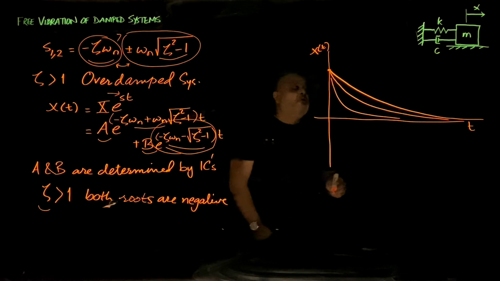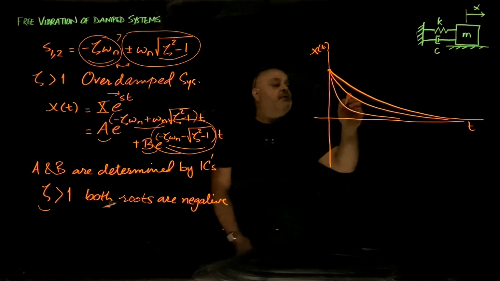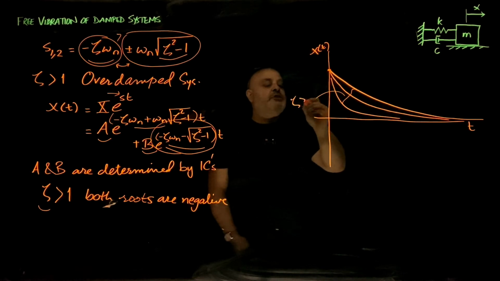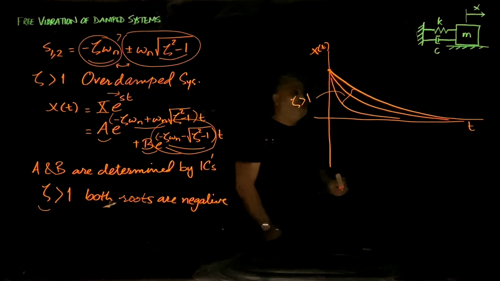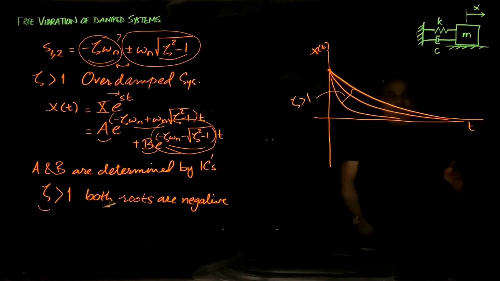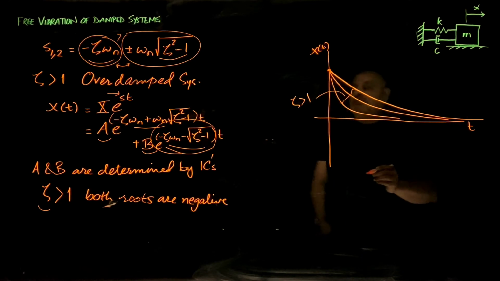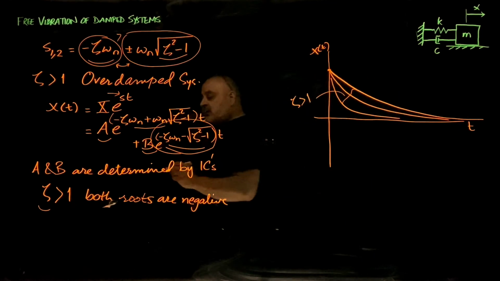So for these curves, zeta is greater than 1, and this is what the response will look like. It will decay to 0 as time goes by.